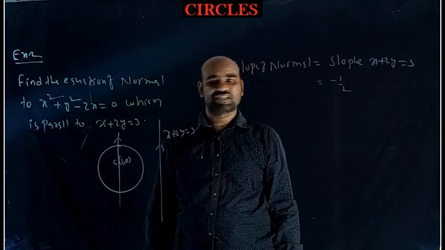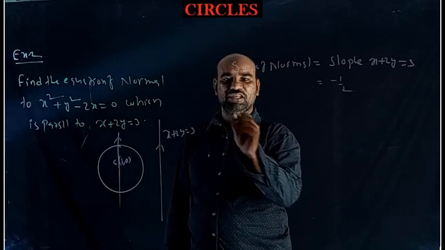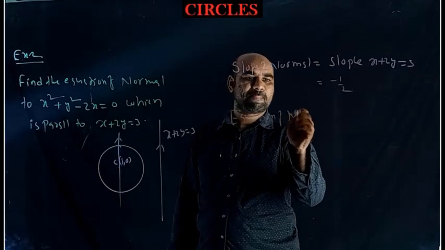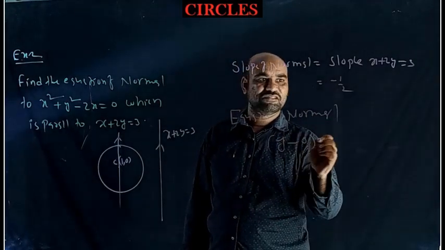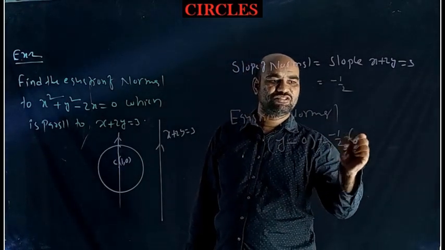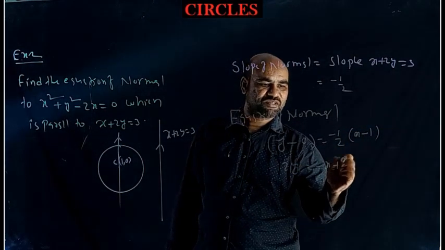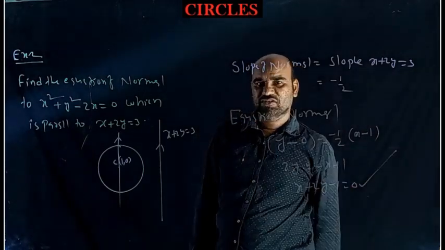Slope of normal is minus 1 by 2. Point is (1, 0). Directly you can find the equation by using point slope form. Equation of normal: y minus y1 equals m, which means minus 1 by 2, into x minus x1, which means 1. 2y equal to minus x plus 1, or x plus 2y minus 1 equal to 0. This is the equation of normal.